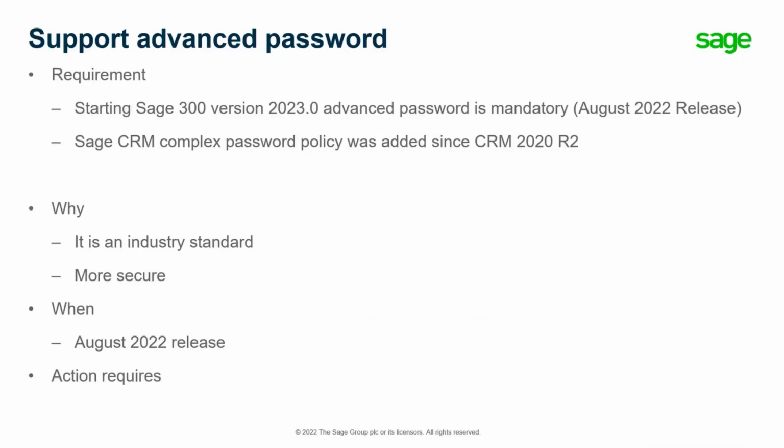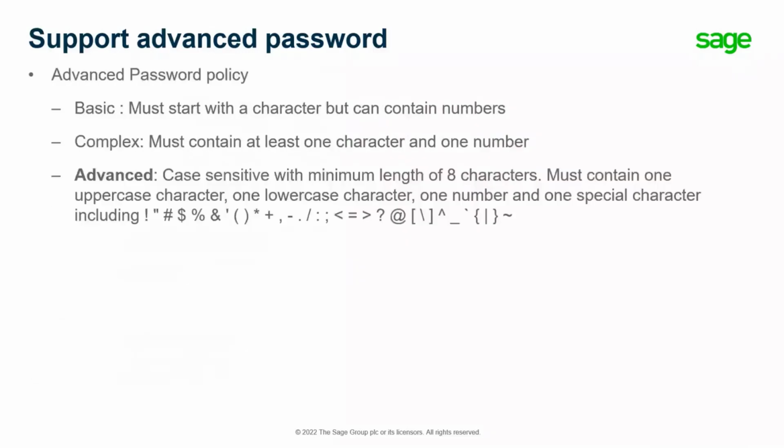Currently, Sage 300 supports both basic and complex passwords. But it turns out that the complex passwords in Sage 300 may not be as complex as we may require, hence the introduction of the advanced passwords.